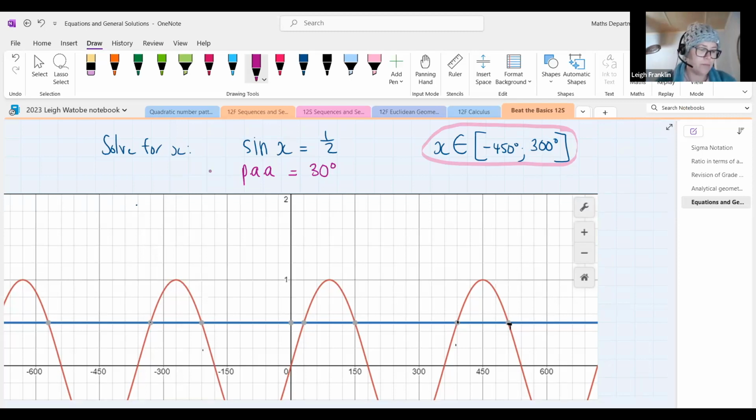Why do we have one? What's its purpose? Why have we found this reference angle?